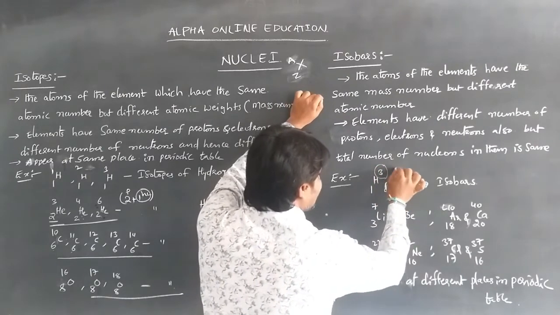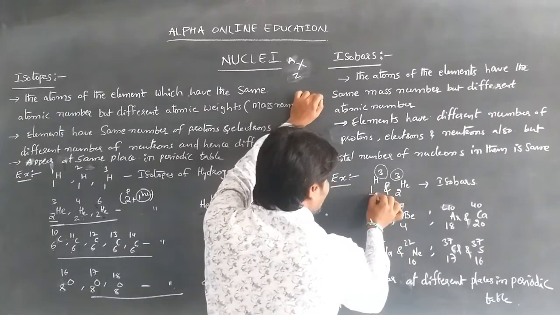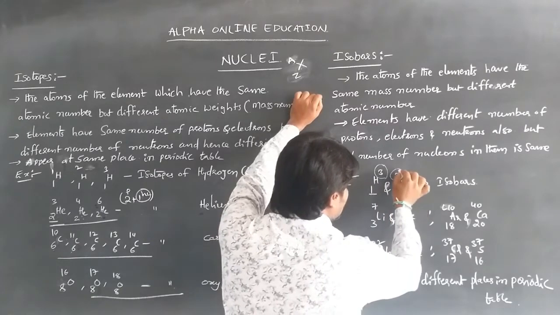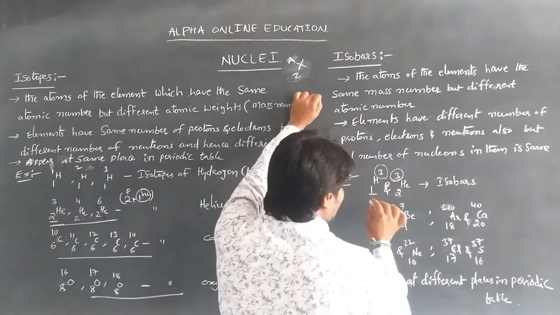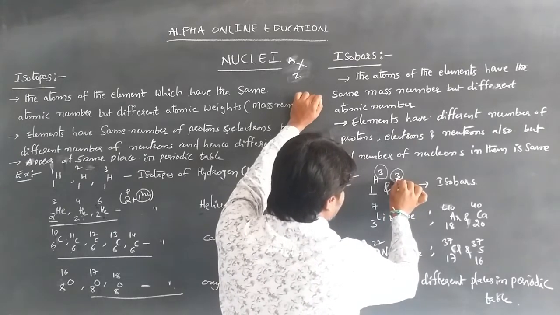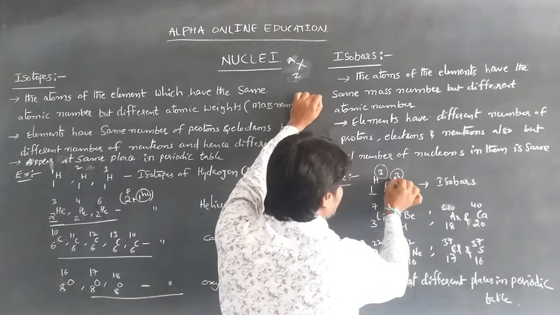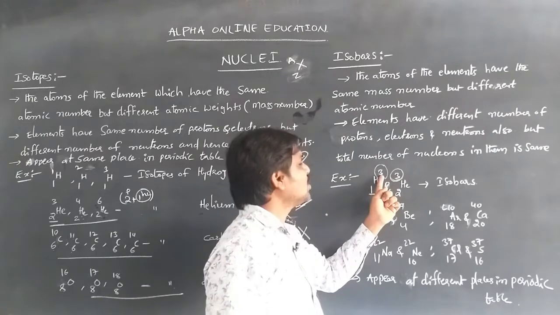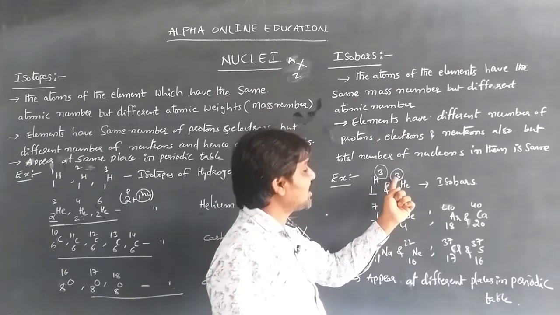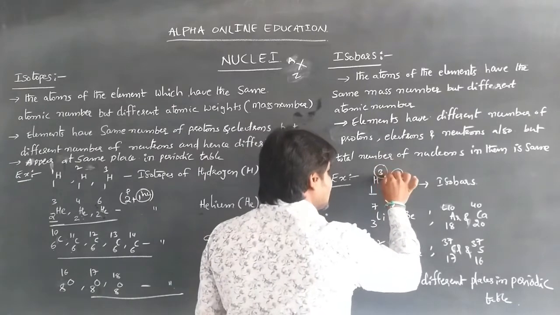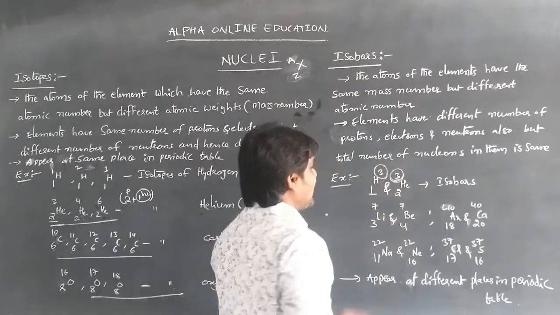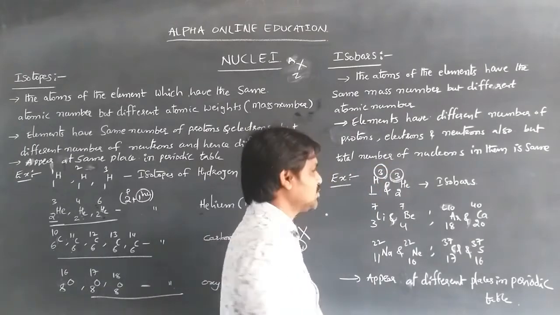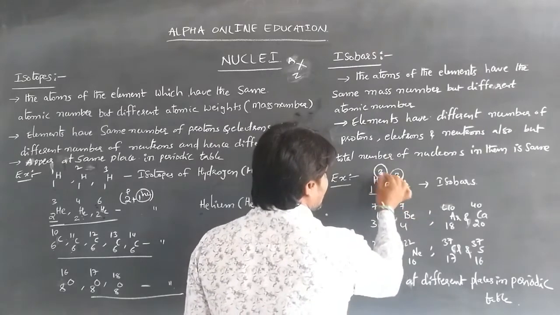The nucleon count is the same in these two elements, but the number of protons is different. Here the number of protons is 1, here it is 2, but the total number of nucleons is the same. Here one proton and two neutrons; here 2 protons and 1 neutron. So the neutron number is different, the proton number is different, but the total nucleon number is the same.